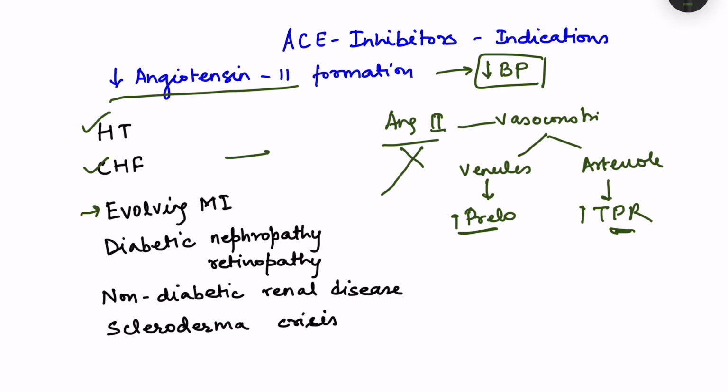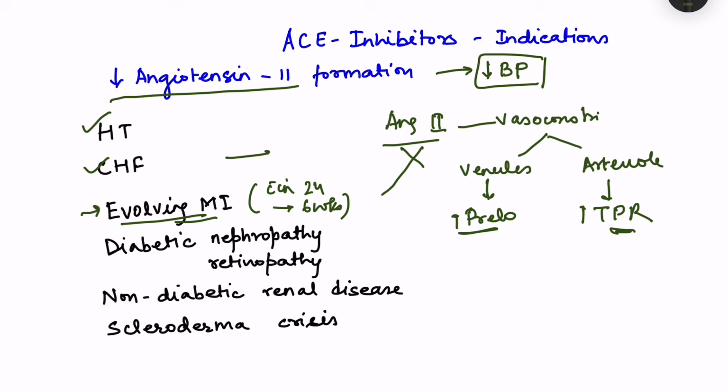Third, in evolving MI, myocardial infarction. Evolving MI means within 24 hours of attack up to 6 weeks. When all the wall changes in myocardial infarction are taking place, at that time ACE inhibitors have to be given. Now why? Again, because we have seen the local actions of angiotensin 2. What are the actions?